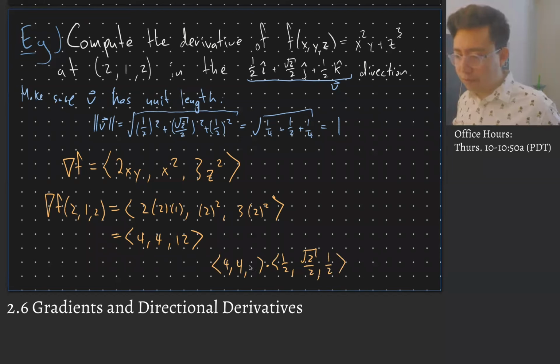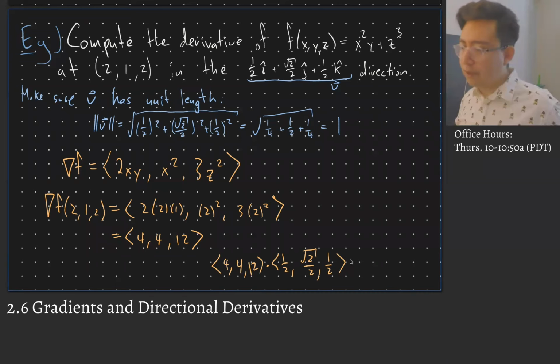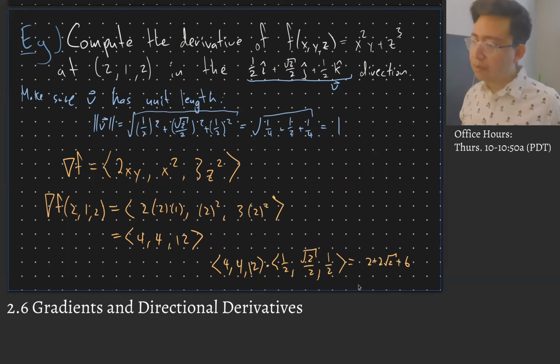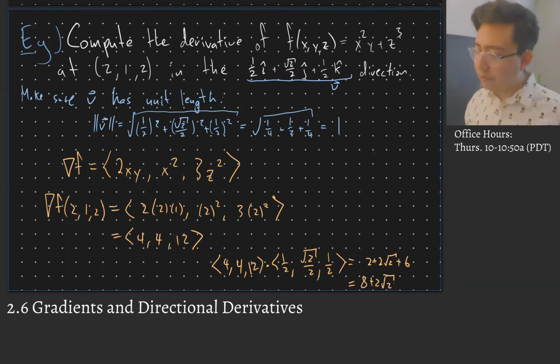Sorry, (4, 4, 12). And this is just going to give us 2 square root of 2 and 6. Oh, plus. These should all be plus. Taking a dot product, this gives us 8 plus 2 square root of 2.